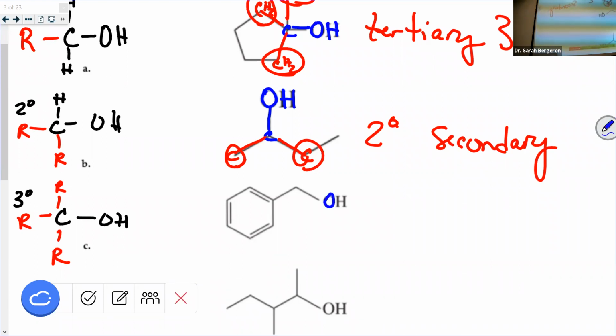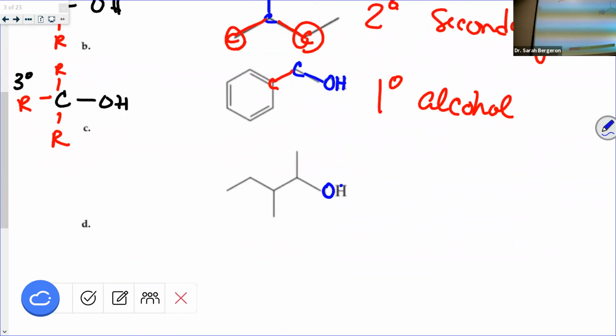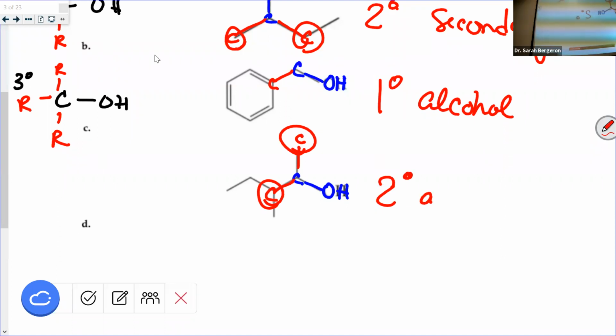Okay, OH. I'm going to find the carbon that it's attached to. How many R groups or alkyl groups are attached? Only 1. So this is A. Okay. Find your alkyl group. Here's my carbon. What's attached to that carbon? 1, 2 groups. What is that? I wrote second primary alcohol. I wanted to write primary.